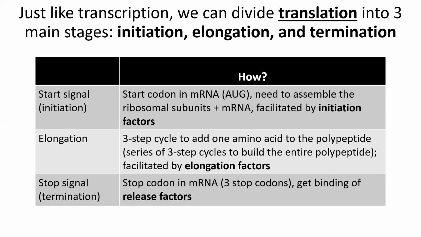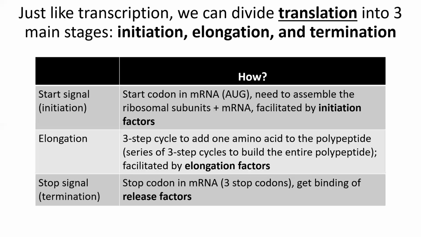Your start codon in mRNA is going to be AUG, and you need this to assemble the ribosomal subunits plus the mRNA, and then initiation factors help get everything started. Then you have elongation. This is a 3-step cycle that adds 1 amino acid to the polypeptide. If you remember, a polypeptide is many amino acids put together, and that forms a certain protein.